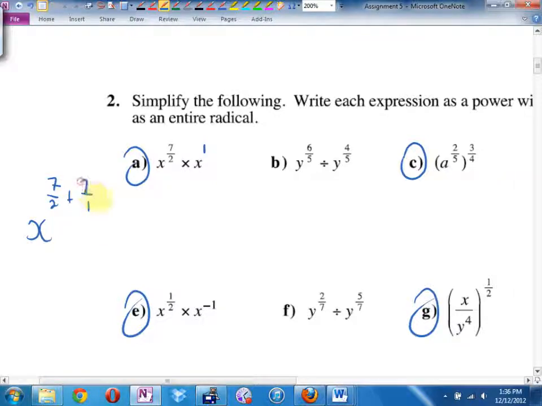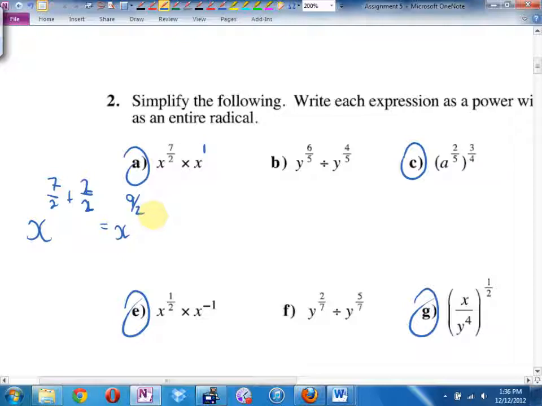You know what, Naomi, I'm just going to do that, because that's a fairly easy one to convert, right? 3 over 3, 4 over 4, 5 over 5. Those are all ones. Now I add the fractions. 7 halves plus 2 halves is how many halves? 9. There's my simplified exponent.